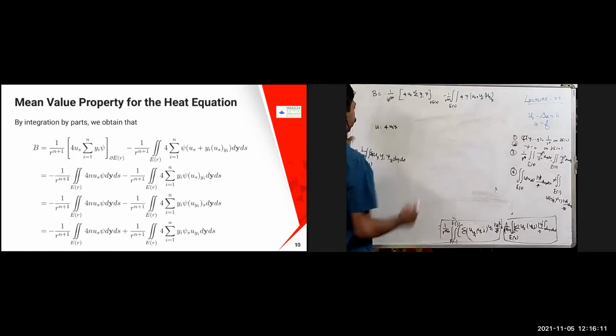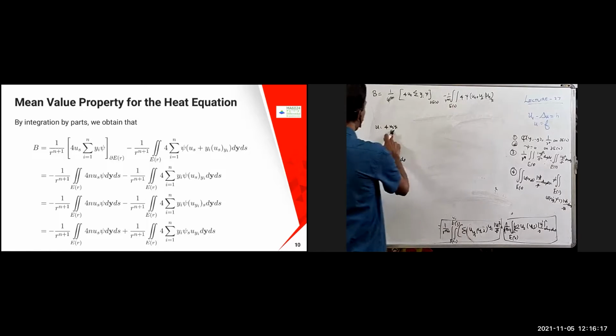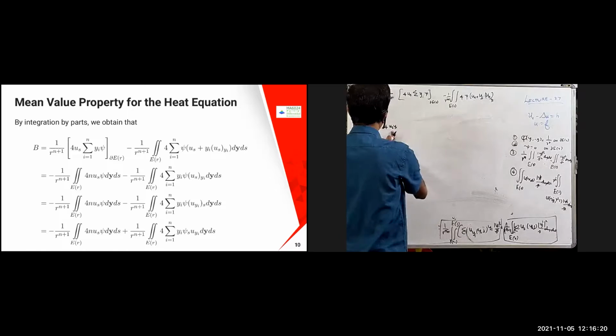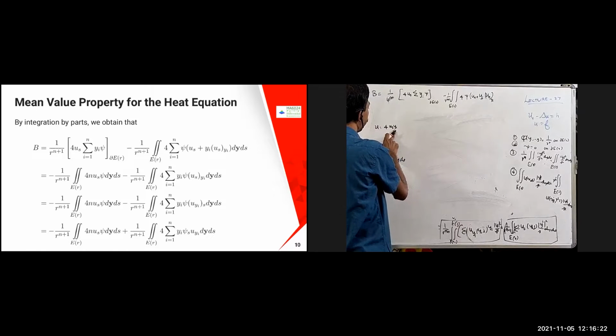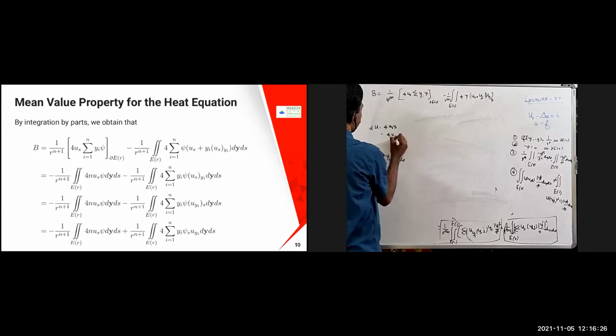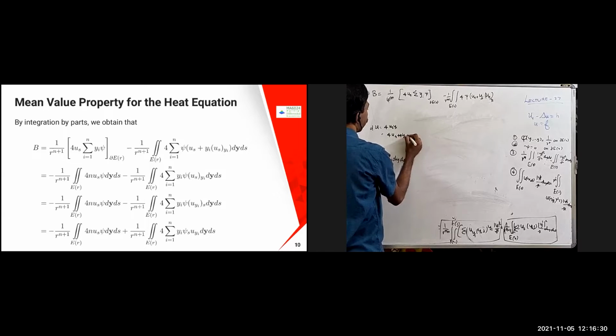Therefore you are going to get 2 terms here, and psi is going to come over here. So for 4 us uy, you are going to write it this way. First term, us yi with respect to yi, du if I find, is going to become 4 us plus yi into 4 yi into psi us yi.